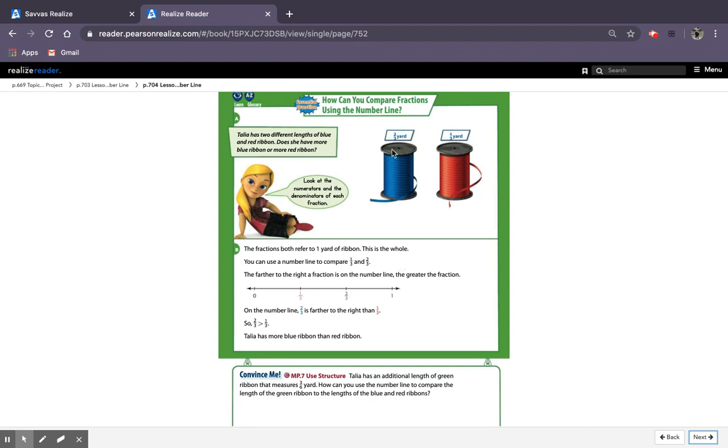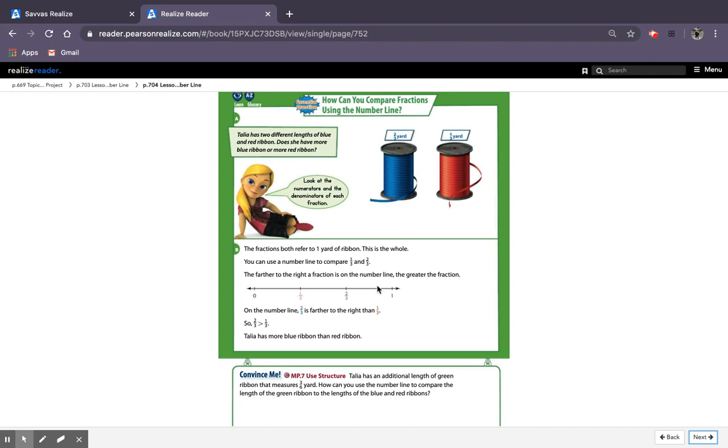This is the whole, so this is 2/3 of the whole and 1/3 of the whole. You can use a number line to compare 1/3 and 2/3. The farther to the right the fraction is on the number line, the greater the fraction. Even if we weren't talking about fractions, you know that if a number is farther to the right, it's the greater number.